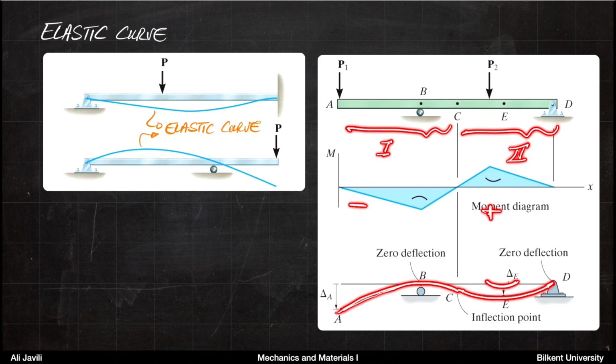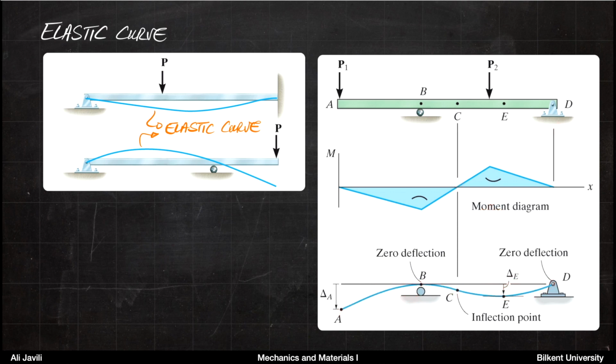Okay, so we are talking about the curvature. And in between, at point C, where the moment itself is 0, the curvature is also 0, and that point would be our inflection point. On the supports B and D, obviously the deflections are 0 because the supports essentially fix the deflection.